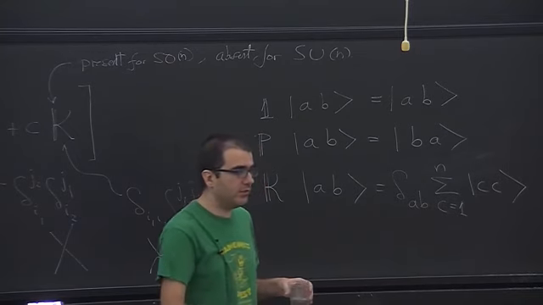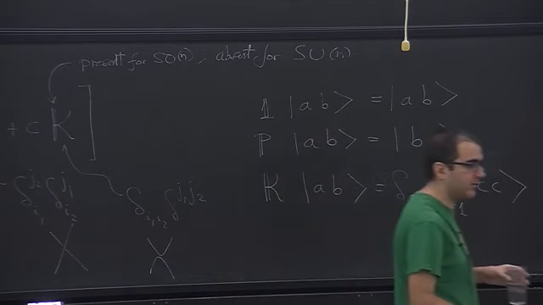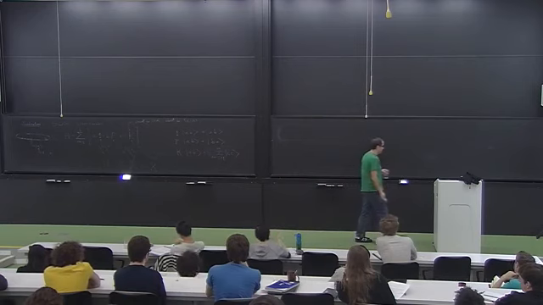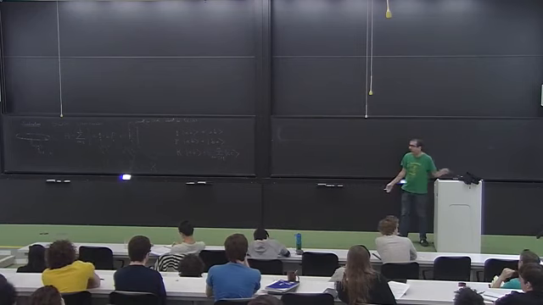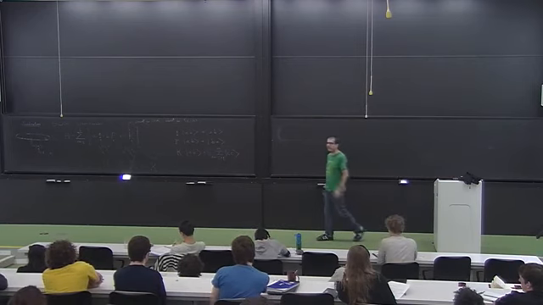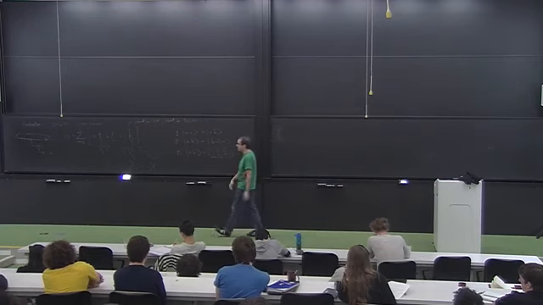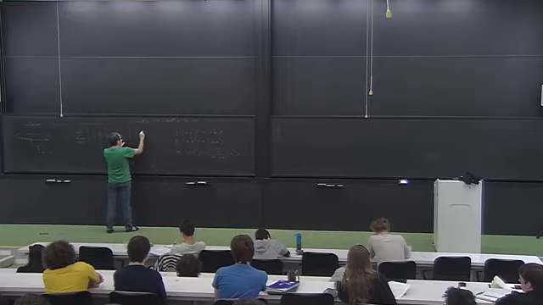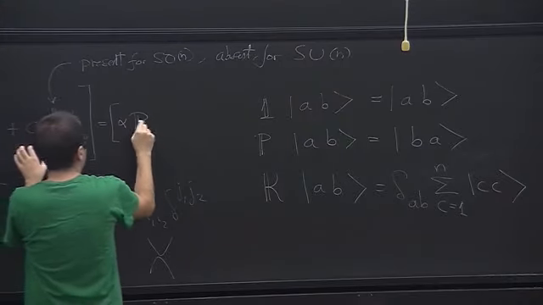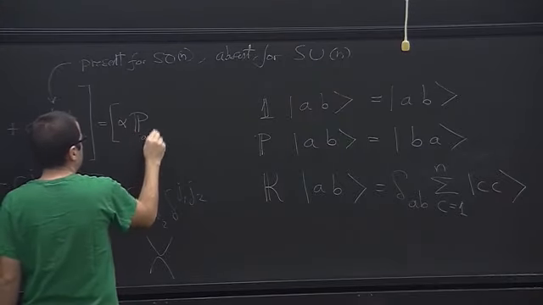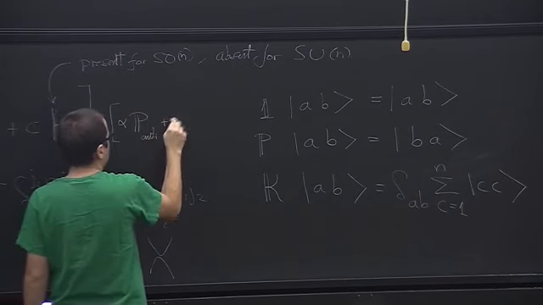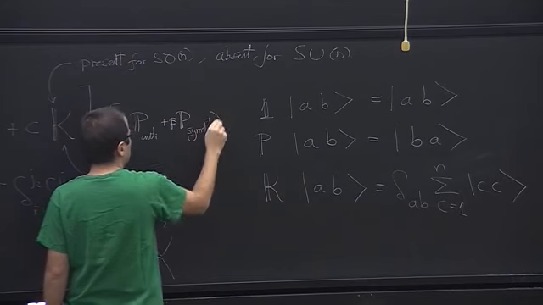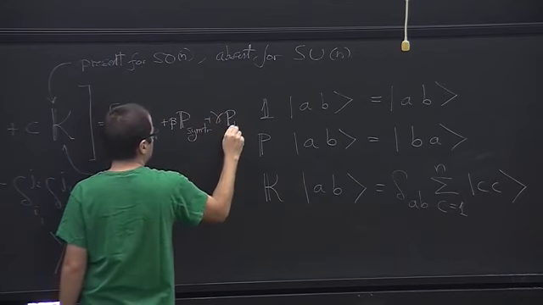So these are the three irreducible representations of SO(N). When you have a product of two vectors, which has n squared elements, you can write it as symmetric plus antisymmetric plus trace. So this combination is the same as writing alpha times projector into antisymmetric plus beta times projector into symmetric traceless plus gamma times projector into the trace part.